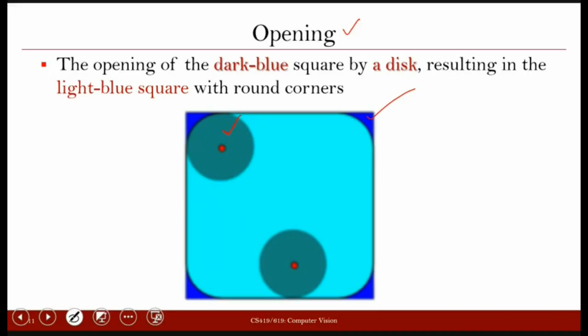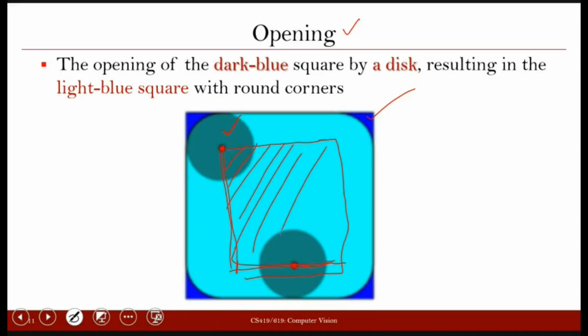So if you just see the trajectory of this disk, you'll see that it will move something like this. It will move like this. So if you erode it, you are only going to get this area.